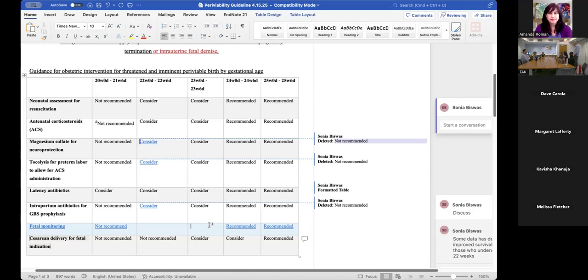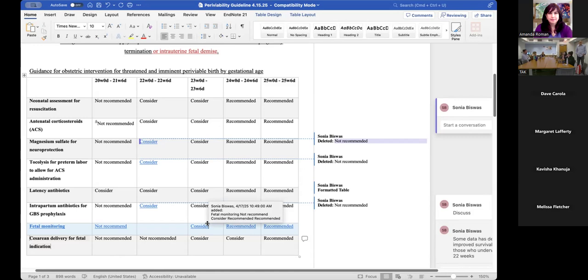So consider is probably the appropriate terminology, with honest face value. I try pretty hard to not monitor babies less than 24 weeks and I try to talk people out of it. But I'm not against considering it, based on the conversation a particular attending or fellow has with a patient.